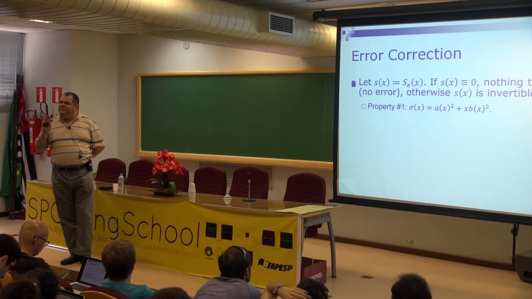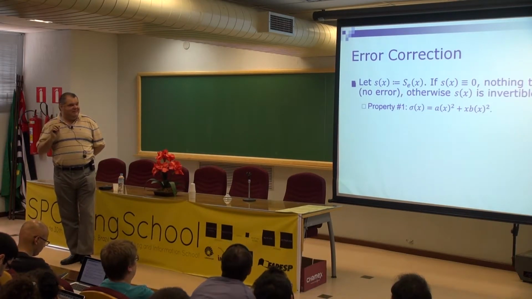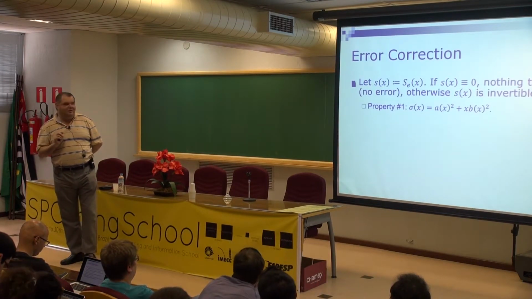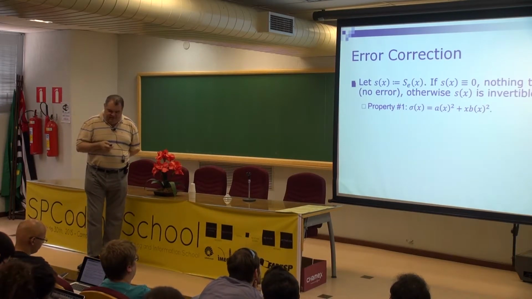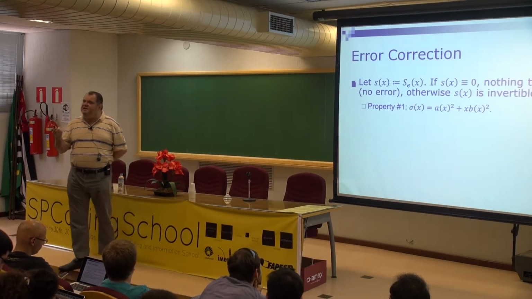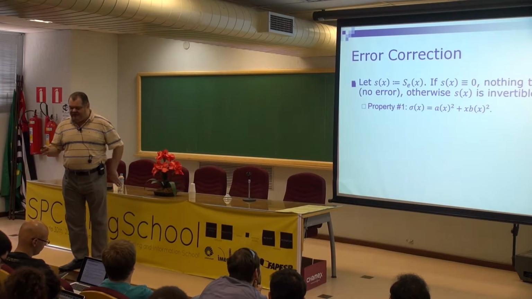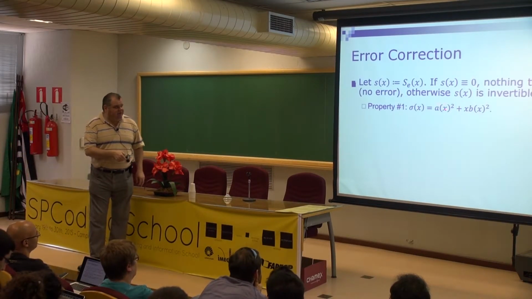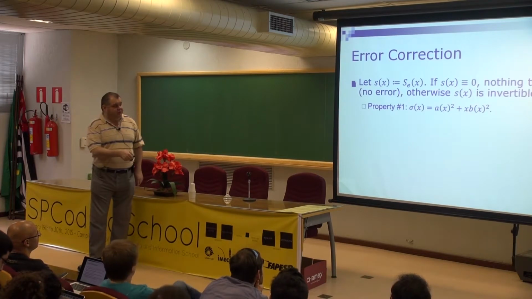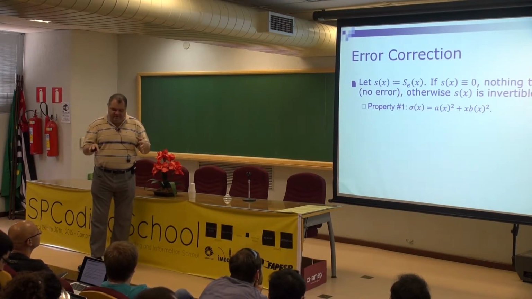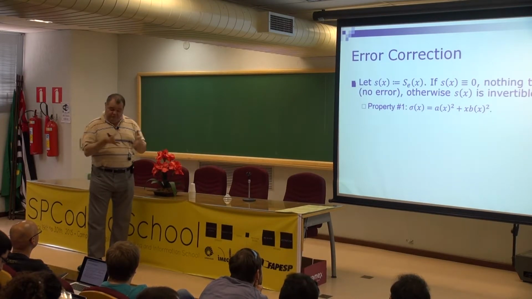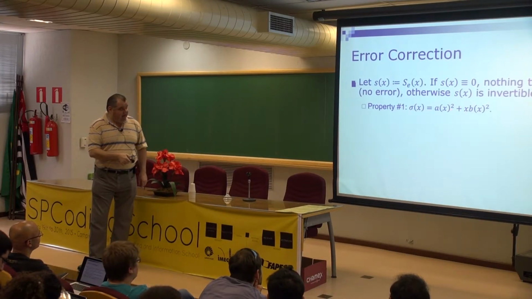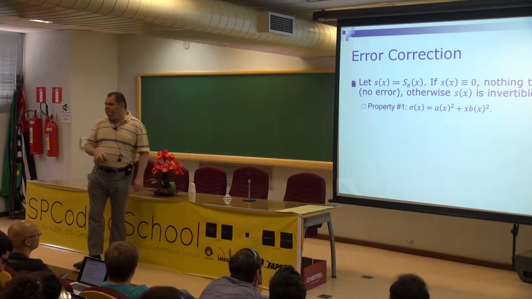Let's have a look at three properties we have regarding the polynomial sigma here. Since squaring is linear in characteristic 2, we can rearrange the terms of sigma so that it has the form some polynomial A squared, the terms of even degree grouped together, plus x times another polynomial B squared.